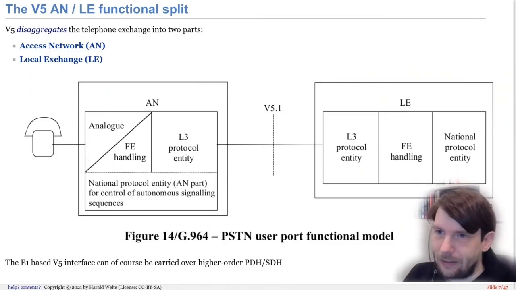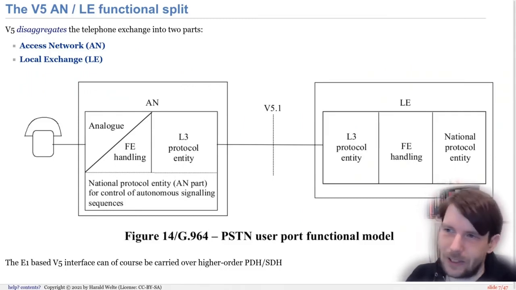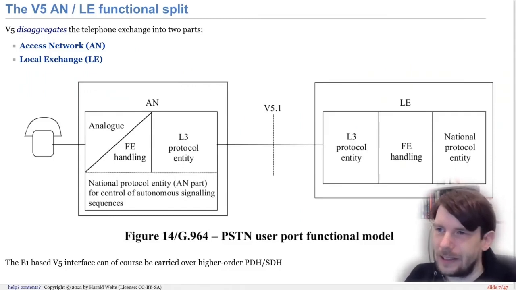So we have many of those lines, analog subscriber lines or even ISDN subscriber lines on the left-hand side, terminating in the access network, which then aggregates them somehow and then has this V5 interface, which is E1 based. And therefore, it's part of the PDH architecture. We had a talk about PDH and SDH in case you want to hear more about that as a background. So this is aggregated into an E1 interface, and the E1 interface then is connected to the local exchange.